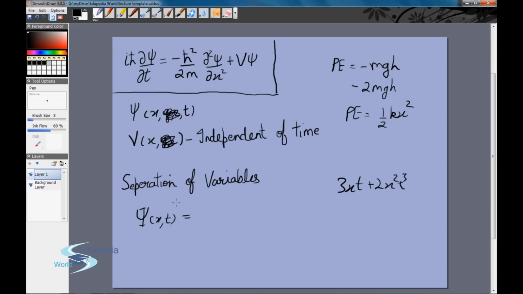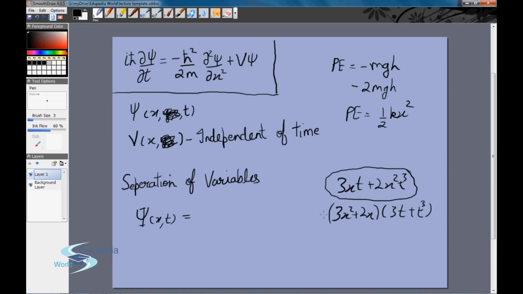So we are assuming that psi is something like 3x squared plus 2x multiplied by 3t plus t cubed. So this form is totally dependent on x and t because both of them are in every term. But here we have a separation of variables.